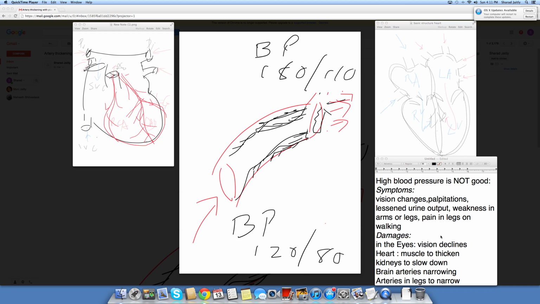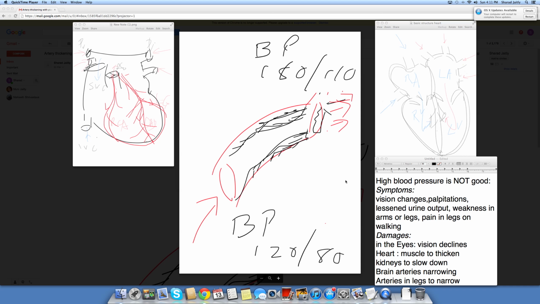And pain in the legs, that develops only when the arteries in the legs start to narrow, narrowing implying the flow is getting compromised, so one tends to walk a block or two and start to feel the pain.